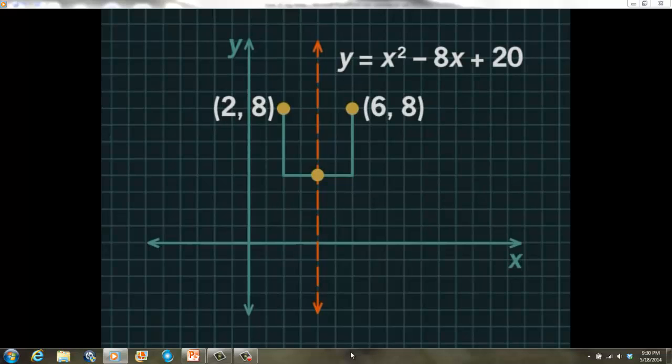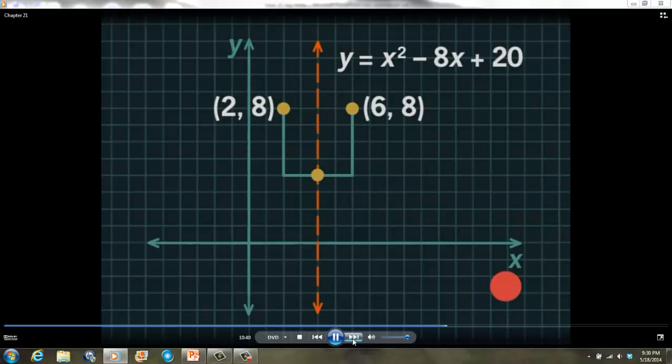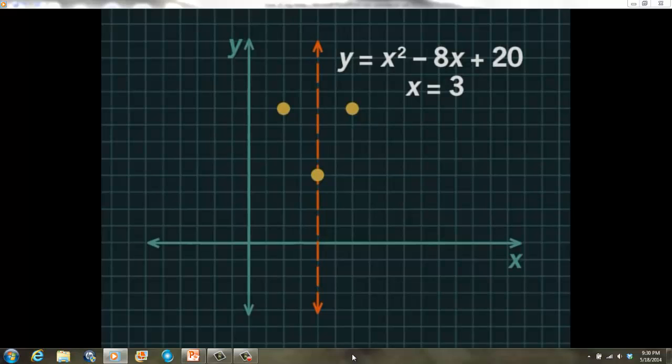Great work. Now let's find 2 more points. Let x equal 3. When x equals 3, y equals 3 squared minus 8 times 3 plus 20. That means y is equal to 9 minus 24 plus 20. Y equals 5.